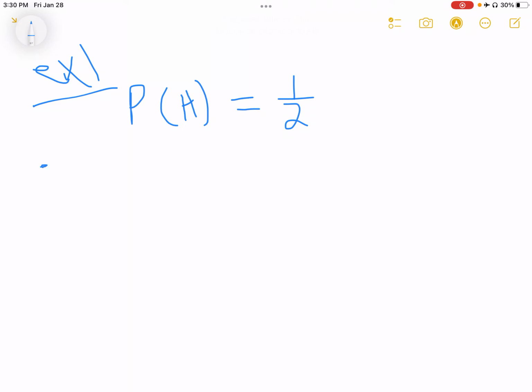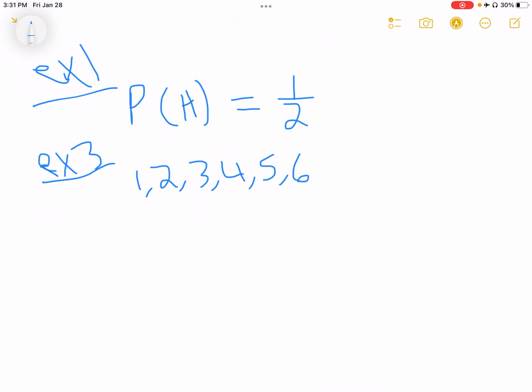Okay, and then if we had example 3, they said that a single dice is rolled, and the results are 1, 4, and 3. And then it says, what is the probability that the next roll will produce a number greater than 2? Now, in this case, if a dice is 1 to 6, then we can write down all of our possibilities: 1, 2, 3, 4, 5, and 6.